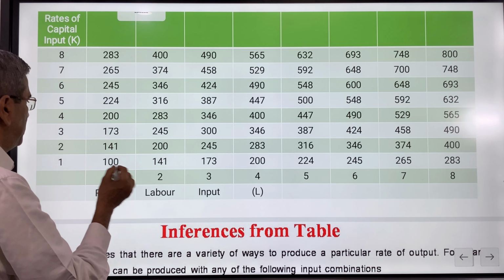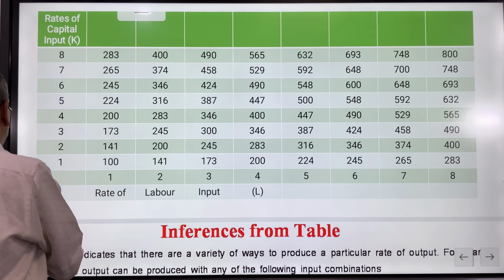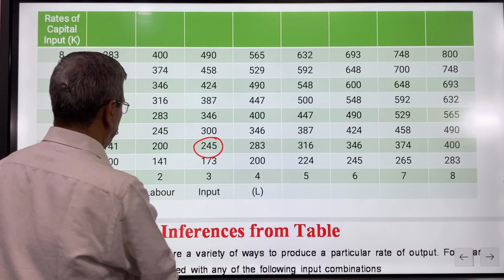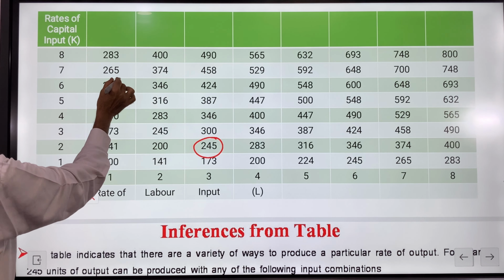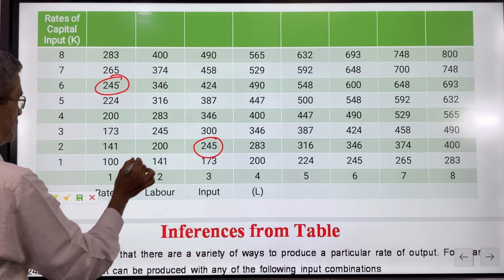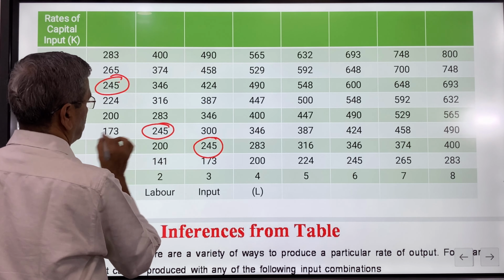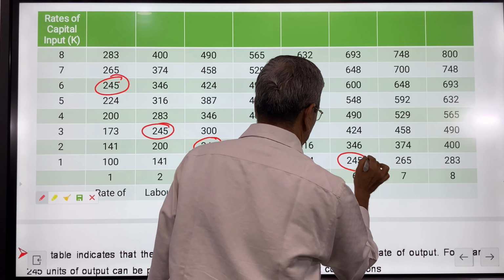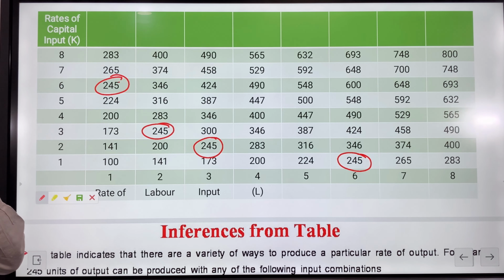I have taken 245 units as the figure, and you have 245 here also, and 245 here also, and 245 here also. Now you see, what does it mean?